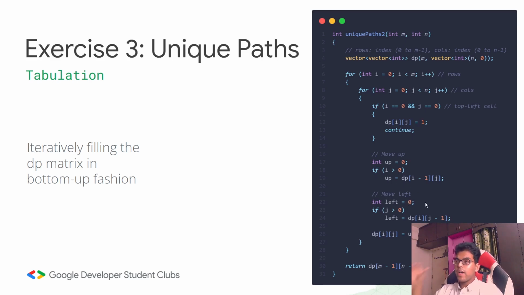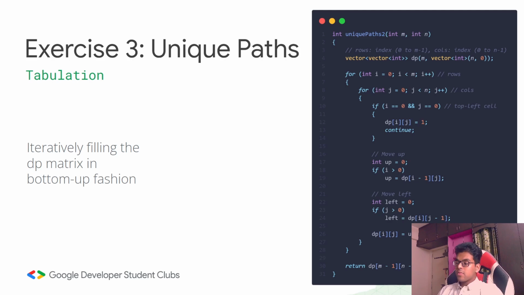Similarly left, if we are in the first 0th column, there's nothing to the left of it, so initially the default value is 0. But suppose we are in any column greater than 0, there is a valid left column, and we calculate the number of unique paths for the cell immediately to the left of the current cell using this formulation, which is the same i, j minus 1 coordinates that I had said before.